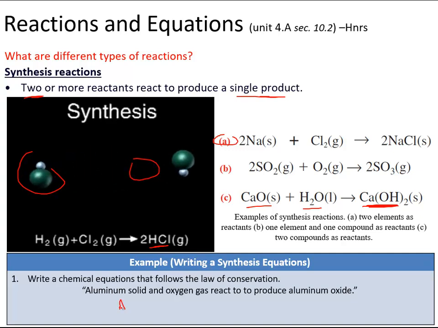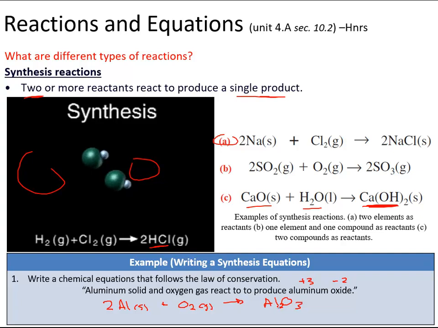So aluminum solid, Al(s), and oxygen gas, O2(g), react to produce aluminum oxide. So aluminum oxide, remember aluminum is a +3 charge and oxide is a -2 charge. It would be Al2O3. And initially looking at this, we might see that, hey, we can put 2 aluminums here and there's 2 aluminums there.